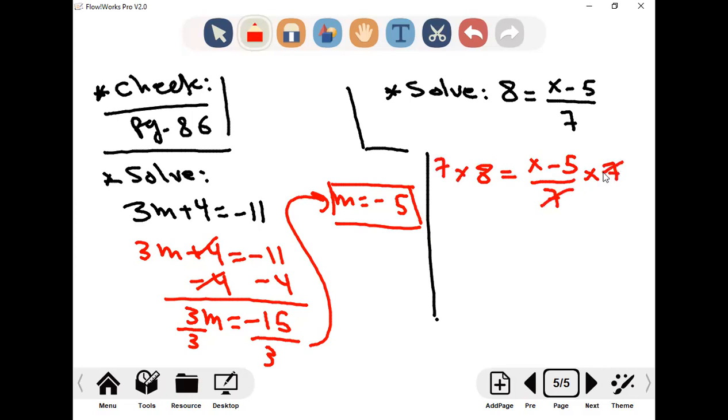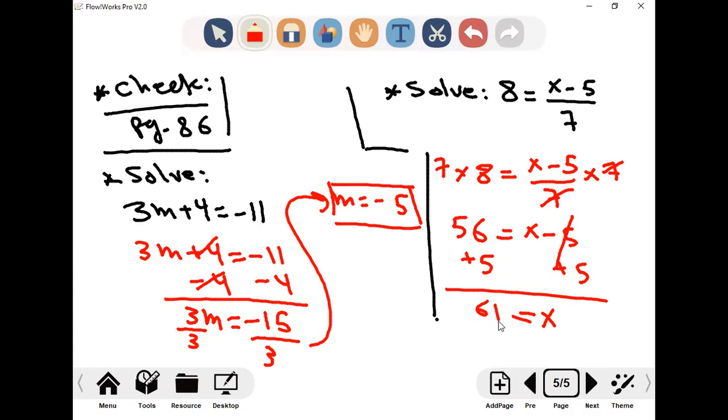These 7s are gone. Still x minus 5 equals 8 times 7, 56. It is a one-step equation now. Get rid of -5 by adding 5 on both sides. X will be 61. So x equals 61.